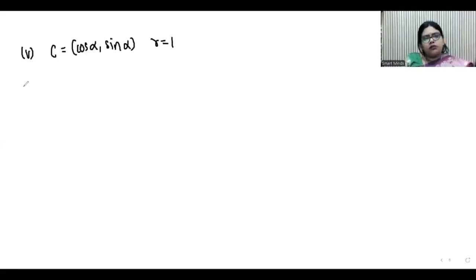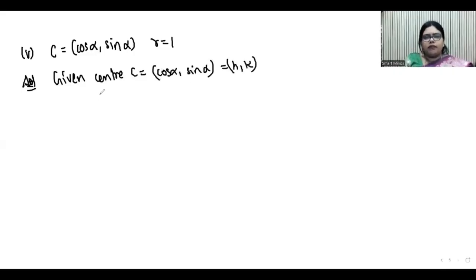Take the next one. What is given to us? Given center C is equal to (cos alpha, sin alpha). We will take this as (h, k) and radius r is equal to 1.